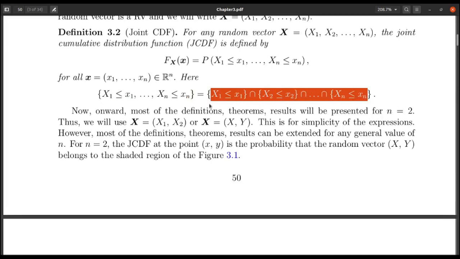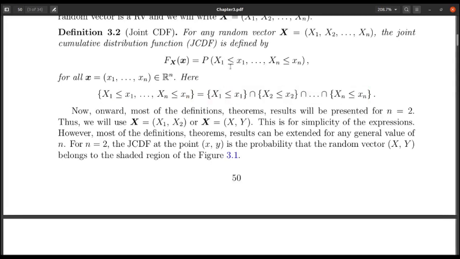So here I am talking about the joint occurrence of the events X1 less than or equal to x1, X2 less than or equal to x2, and so on, and finally Xn less than or equal to xn. I have these n events, and the probability of their joint occurrence is the distribution function at the point (x1, ..., xn).